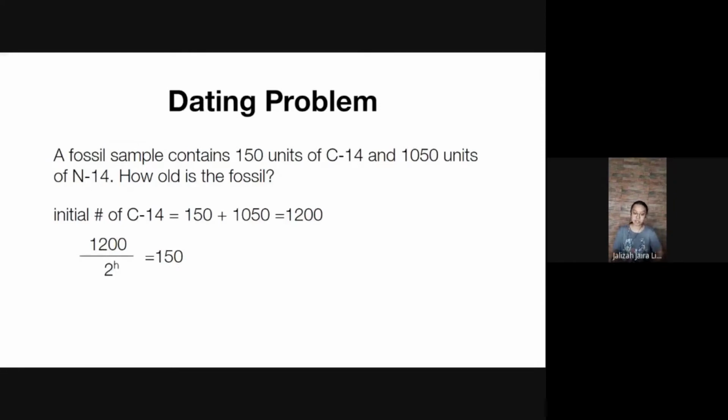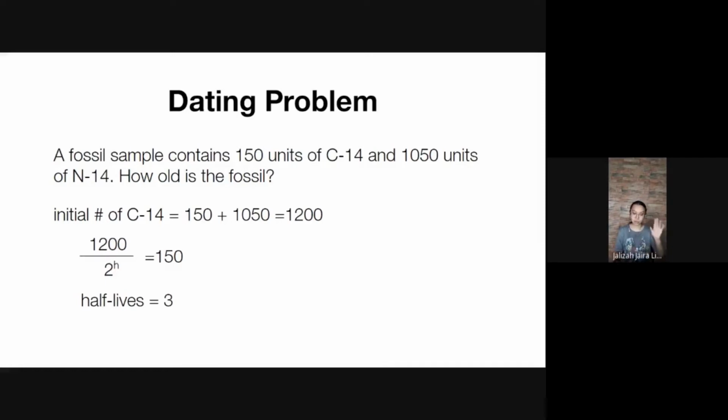Now, the next part is to solve for h. You can compute for h by using the log function in your calculator, and you'll eventually have 3 for the number of half-lives.